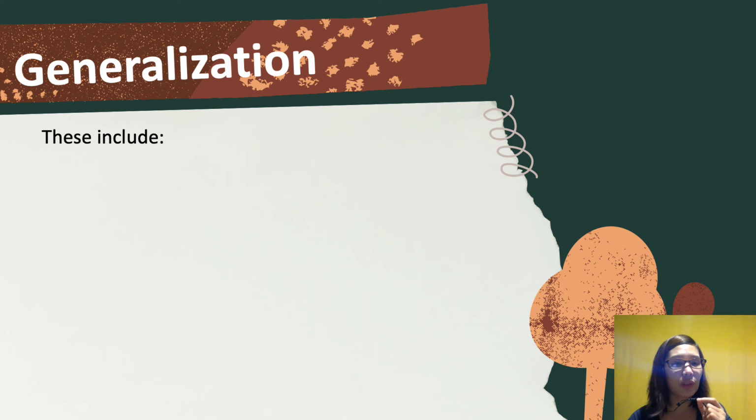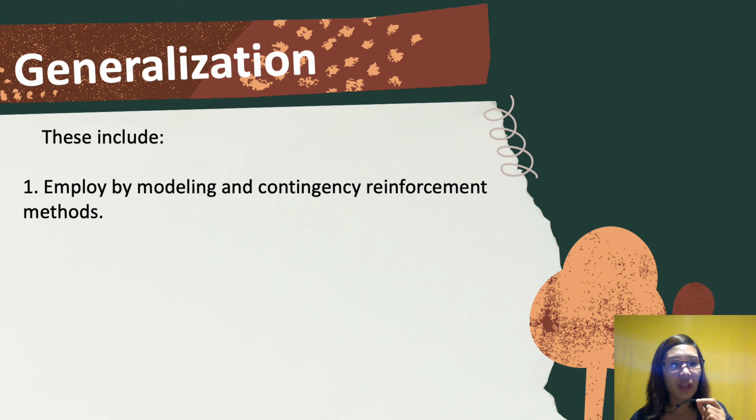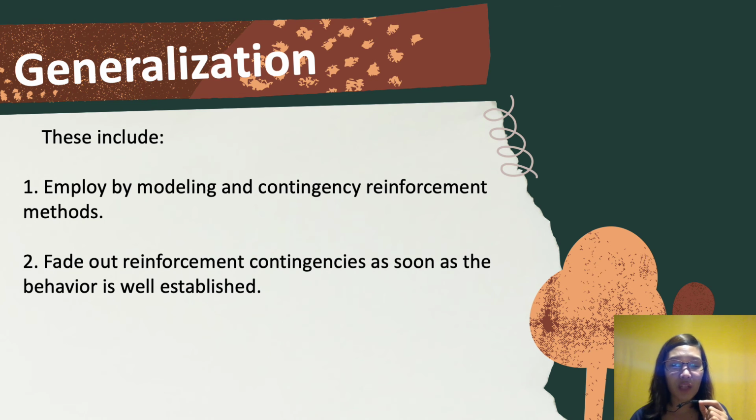So this includes employ modeling and contingency reinforcement method. Second is fade out reinforcement contingency as soon as the behavior is well established so that we can give opportunity to the child or to the learner to practice what she or he has learned from the training or from the lesson.